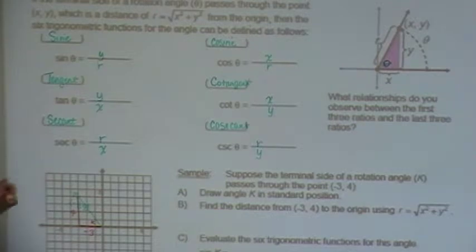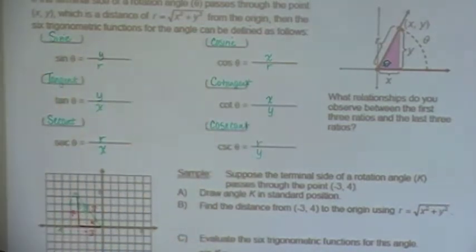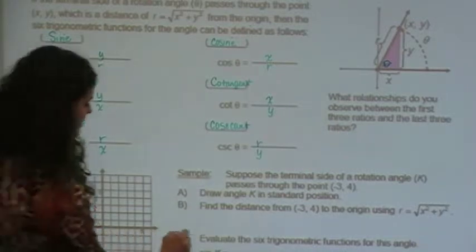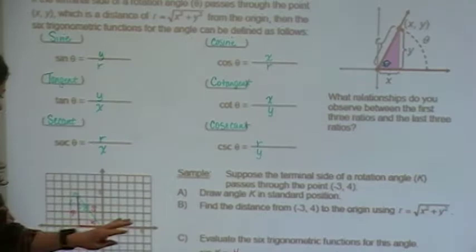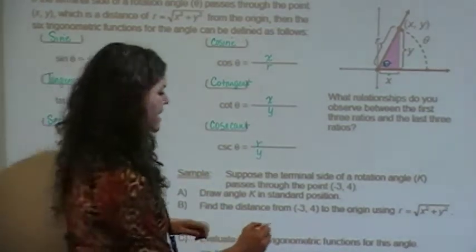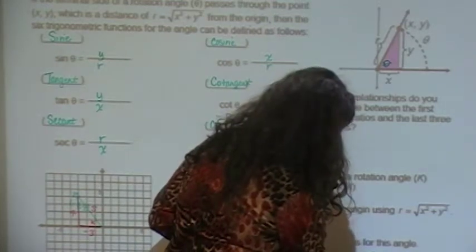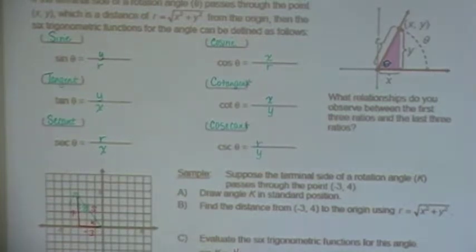So now because I have that, I can evaluate and find all 6 of my trig functions. So remember, sine is opposite over hypotenuse, so sine is going to be 4 over 5. Cosine is adjacent over hypotenuse, so it's going to be -3 over 5. Tangent is opposite over adjacent, so it'll be 4 over -3.